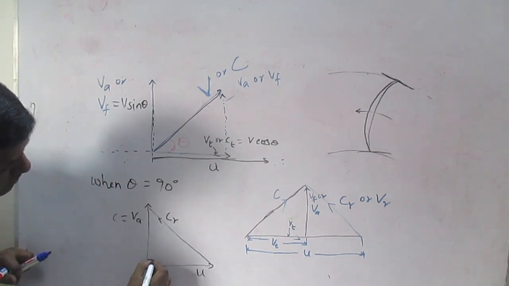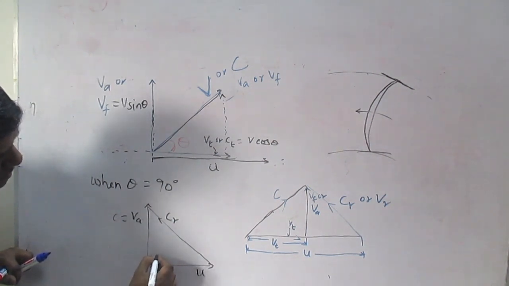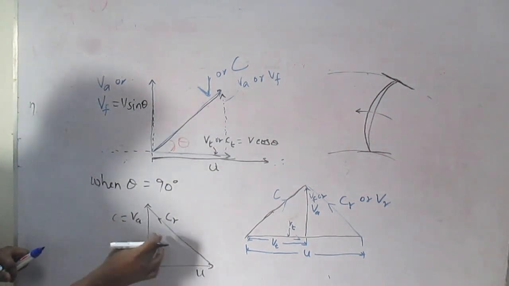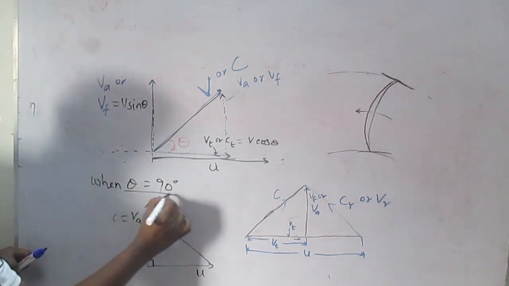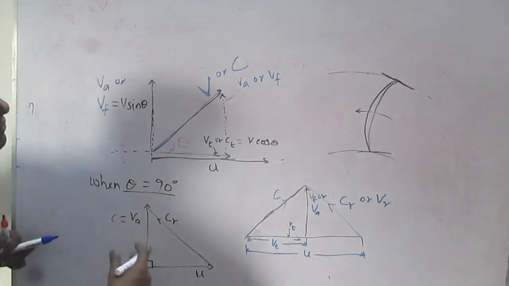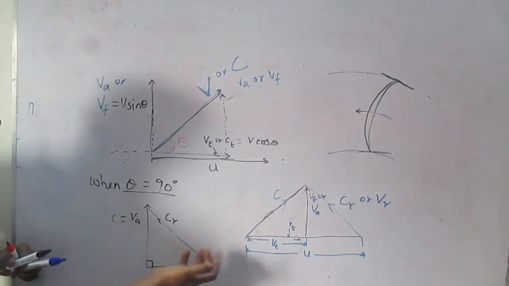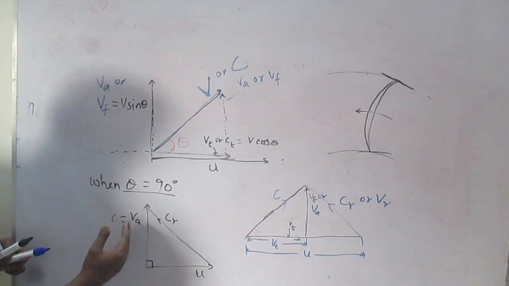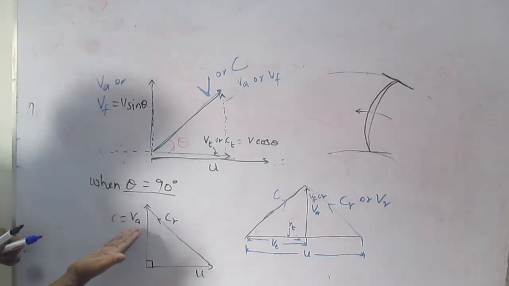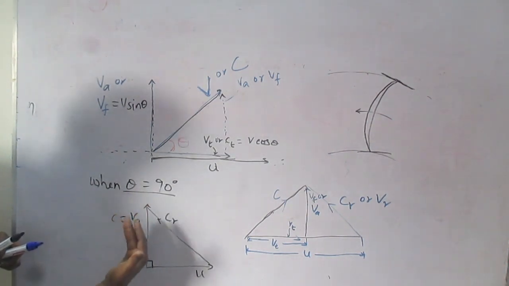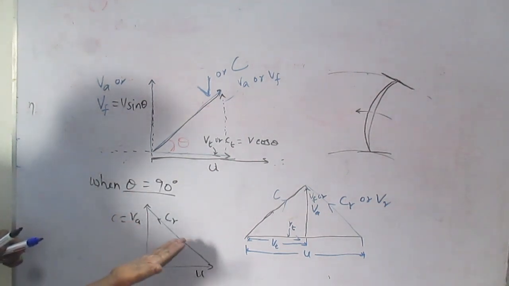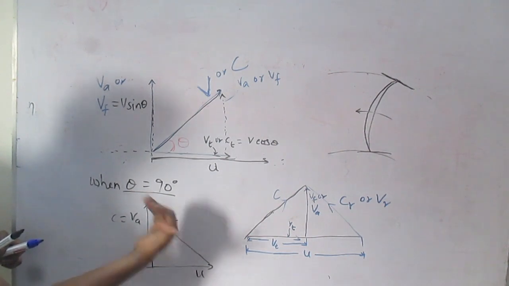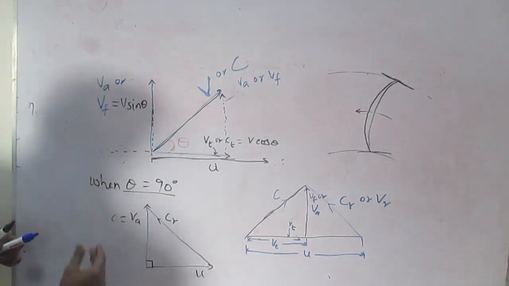This angle we can say is 90 degree. So this is one simple modification based on this condition. Like this we will be having many modifications. Here we have drawn the axial velocity or radial velocity, nothing but our absolute velocity. In some cases the relative velocity may become axial or radial.